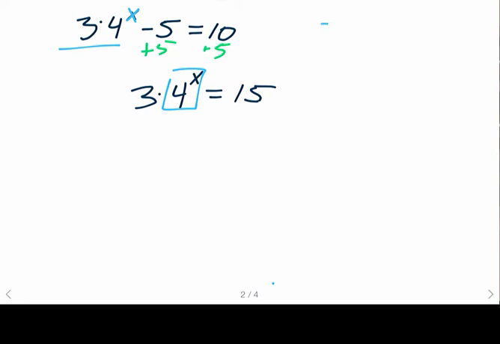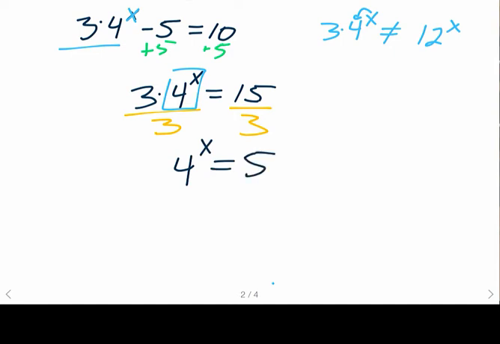By the way, 3 times 4 to the x is not the same thing as 12 to the x because there aren't parentheses around the 3 times 4. The base is only what the exponent is directly touching, okay? Now that we've gotten through that, if we divide both sides by 3, then we end up with 4 to the x is equal to 5.